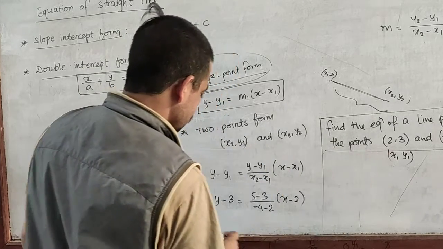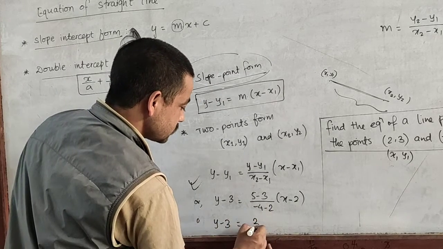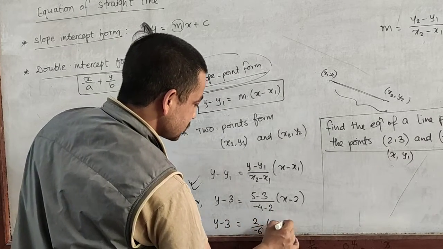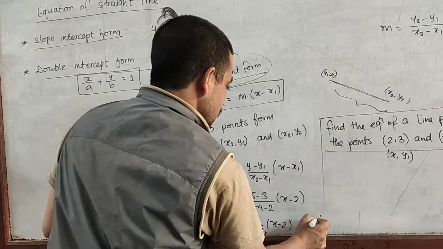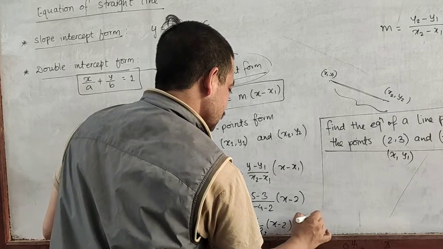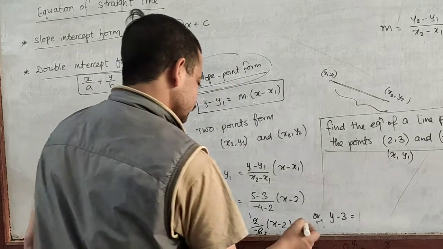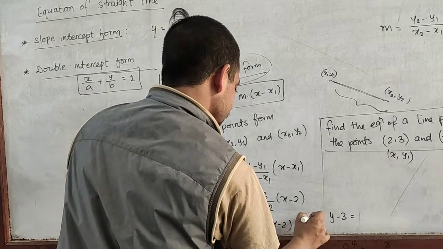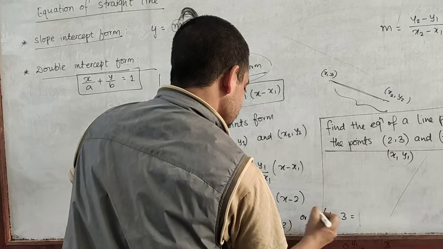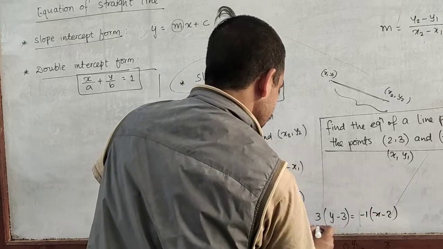x1 is 2. So y minus 3 equals 5 minus 3 is 2 upon negative 6, times x minus 2. You can cancel here. Or y minus 3 equals, this 3 you can take to the left side, to multiply negative 1 times x minus 2.